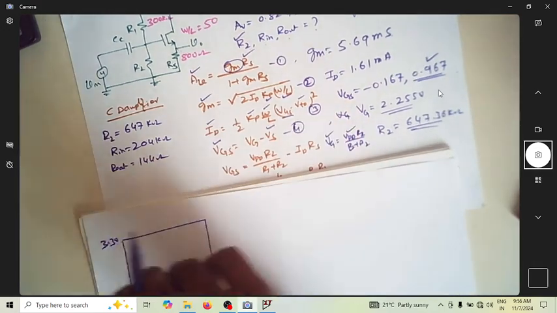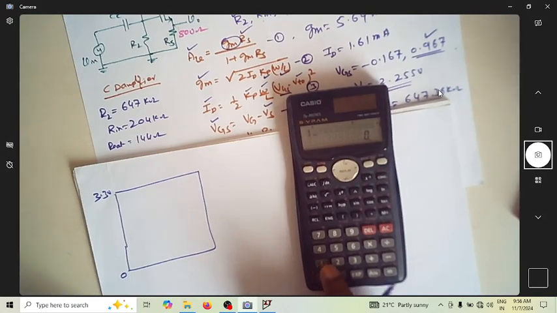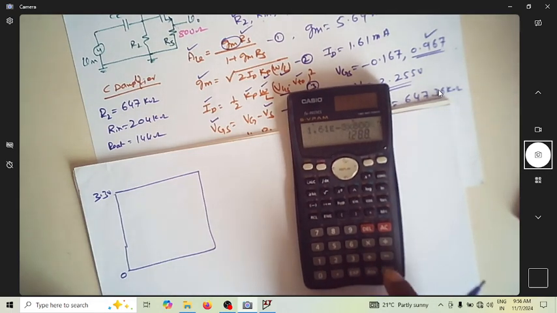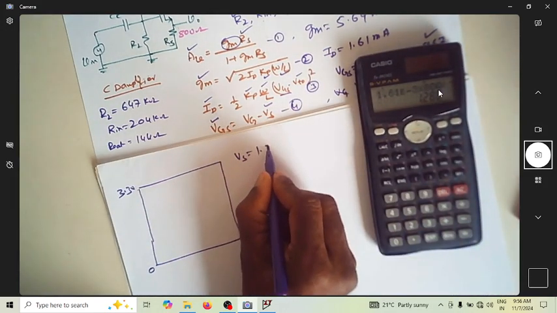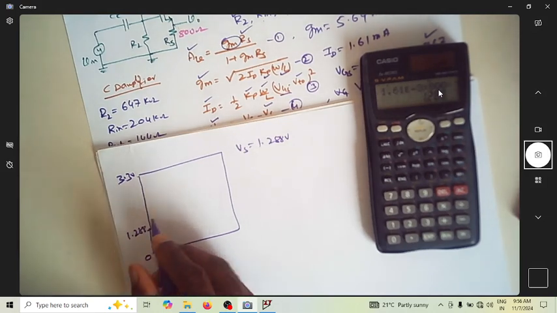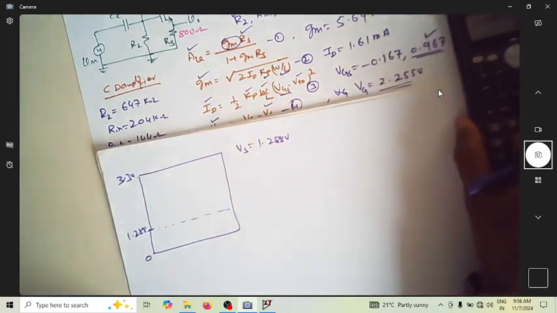Vs we actually found it to be, so let us find how much it is. It is 1.61 exponential minus 3 into 800. It's actually 1.288. So Vs is 1.288 volt. Assume that this is 1.288 volt. So this is your reference point where your output will swing.